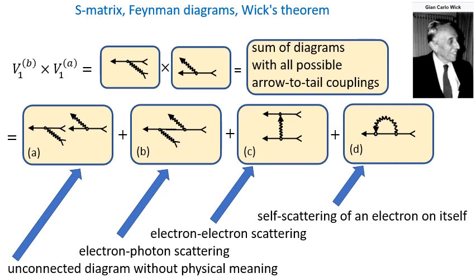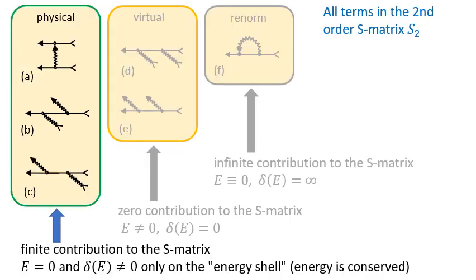Finally, in the diagram D, both electron and photon lines are coupled. This leads to the formation of a loop, and the described process can be characterized as a scattering of the electron on itself.